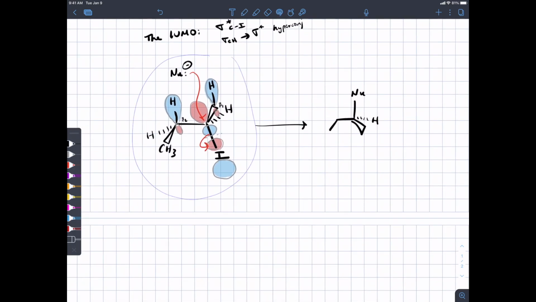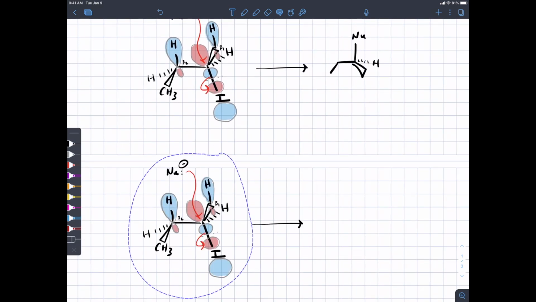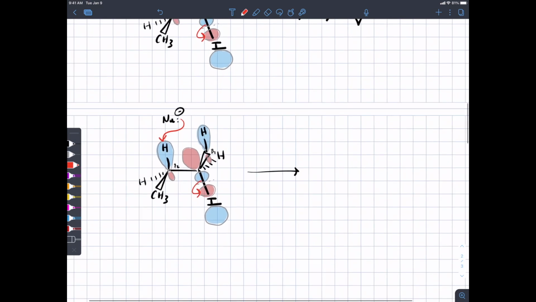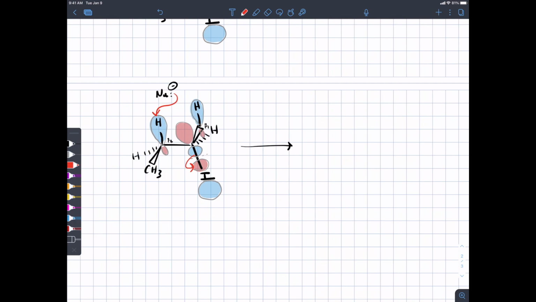However, if the nucleophile instead attacks at the hydrogen, it turns out, and the consequences of this may not follow directly from our talking about bonding or anti-bonding orbitals, that if you attack the hydrogen, the electrons in the carbon-hydrogen bond move over, dump themselves completely into the sigma star, and the leaving group leaves.